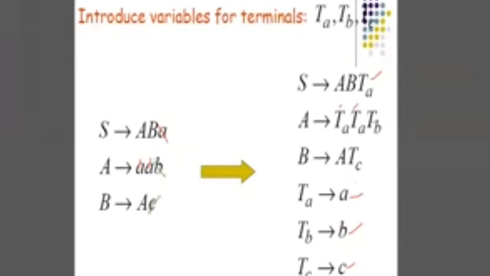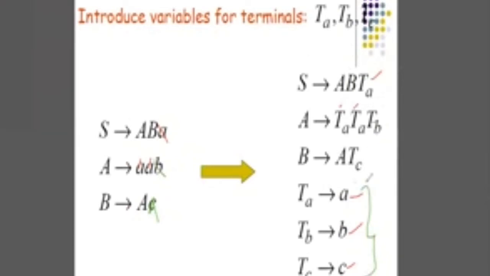And small c is replaced with TC by writing their equivalent productions. This is step number one. So what you do in step number one is you have to replace all the terminating variables with their equivalent non-terminating variables, if such productions exist, by adding their equivalent productions. Okay.